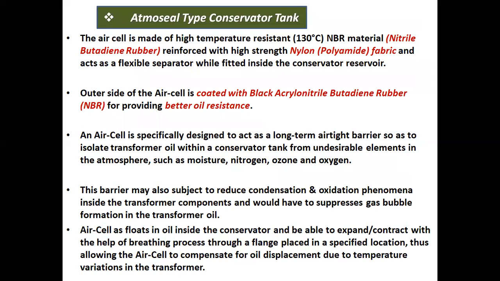In the Atmoseal type conservator tank, the air cell is made of high temperature resistant, that is 130 degrees centigrade, NBR material, that is nitrile butadiene rubber, reinforced with high strength nylon, that is polyamide fabric, and acts as a flexible separator fitted inside the conservator reservoir.